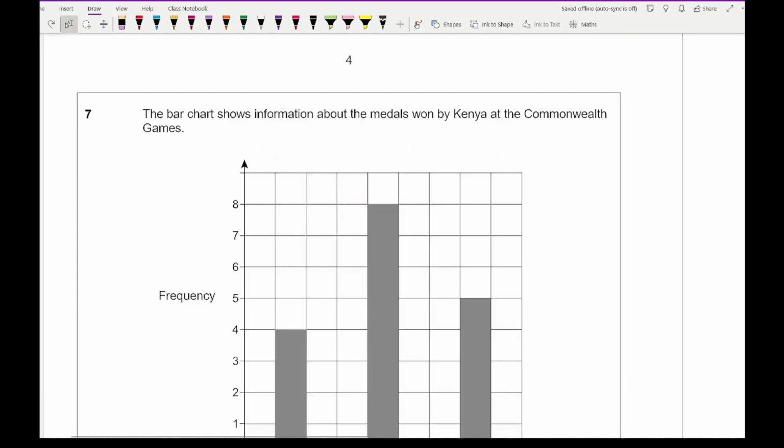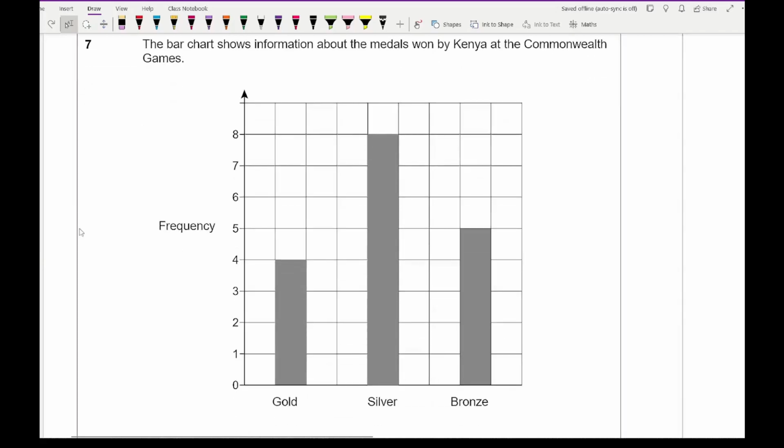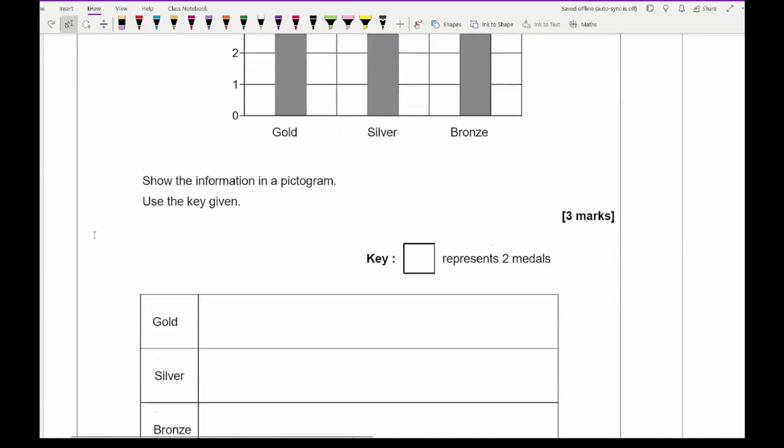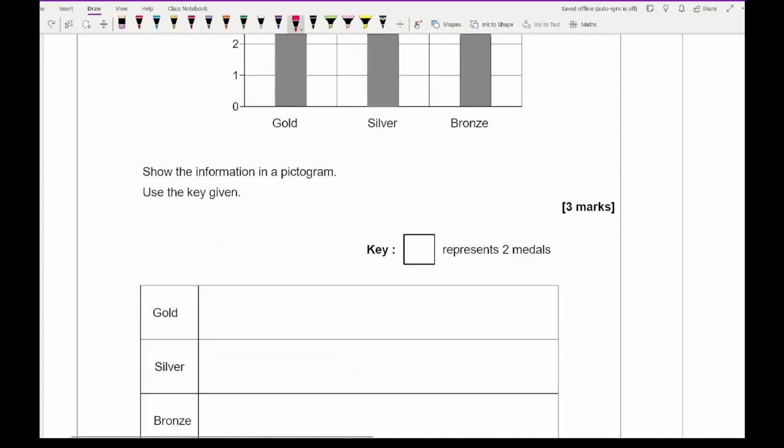So moving on to question 7, it says the bar chart shows information about medals won by Kenya at the Commonwealth Games. So here we've got 4 gold, we've got 8 silver, and we've got 5 bronze. And the question is asking us to show the information in a pictogram, where a square represents 2 medals. So for gold, if I write down the numbers, I've got 4, 8 and 5.